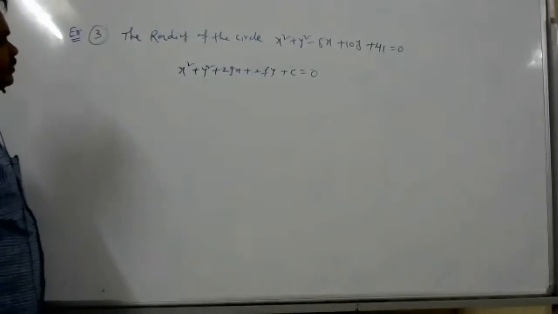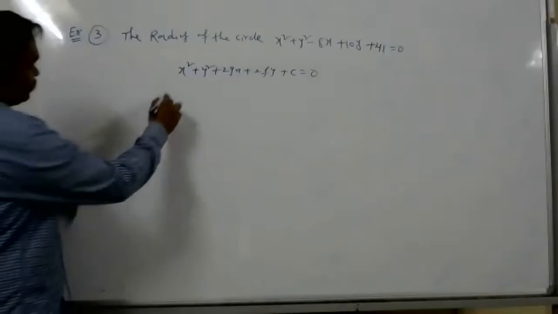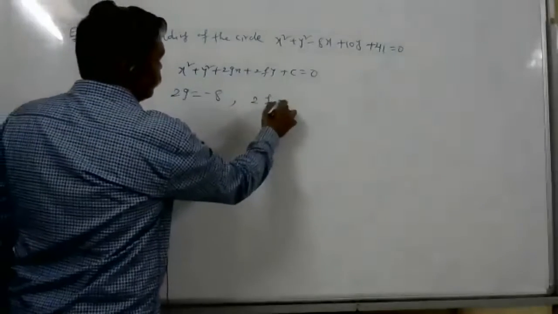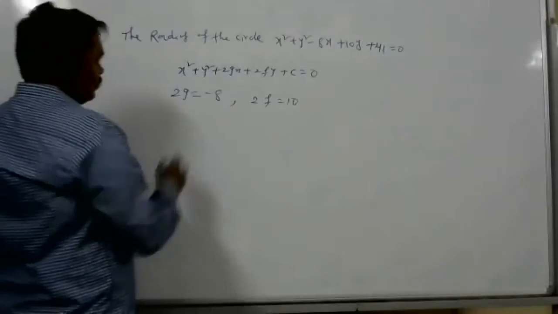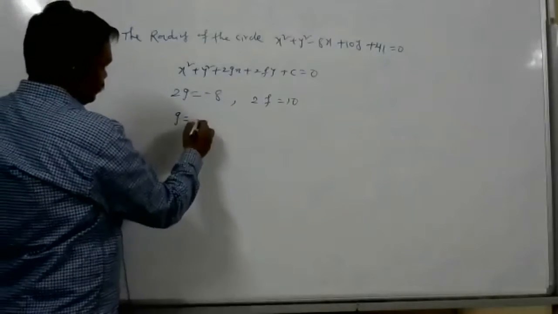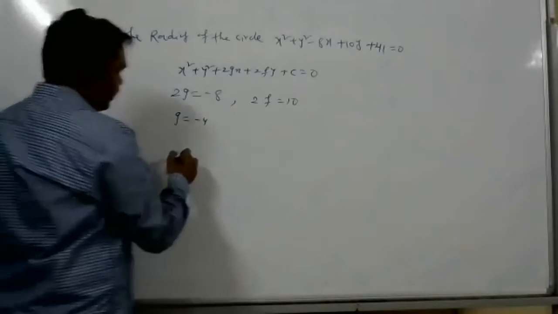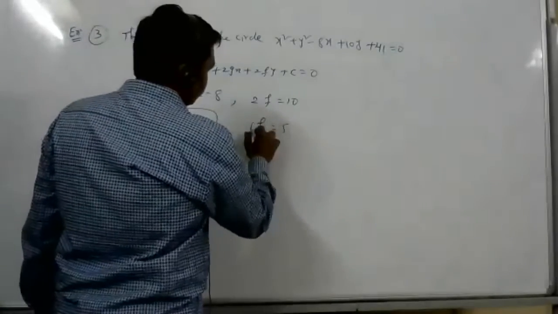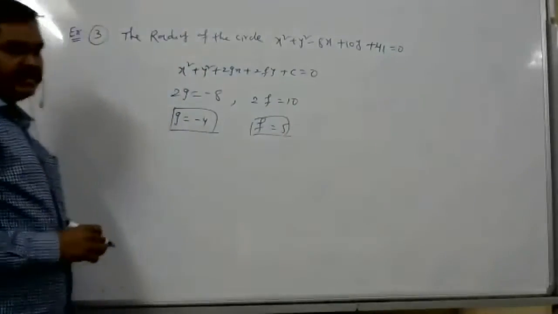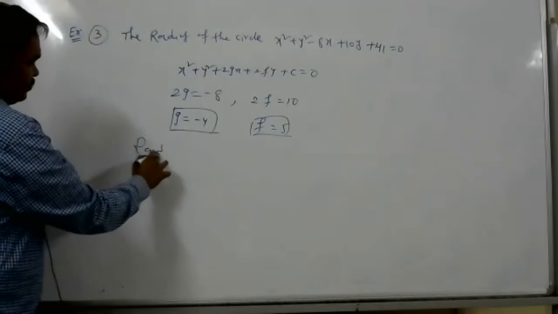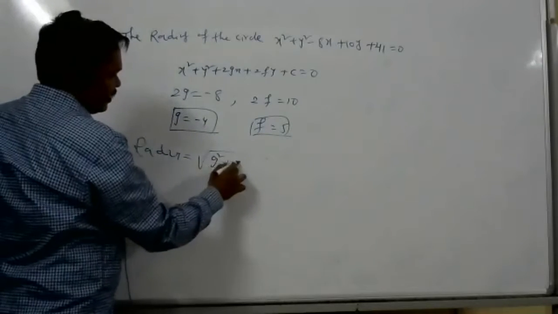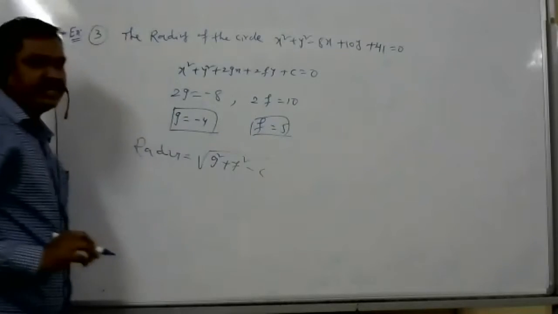Now 2g is equal to minus 8 and 2f is equal to 10. g is equal to minus 4 and f is equal to 5. Then radius is equal to under root g square plus f square minus c.